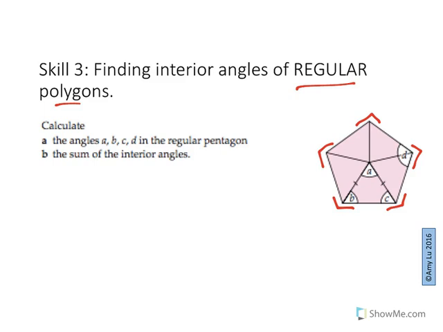And once you know that, you should be able to figure out one of those interior angles. And there's a few hints in here. So I want you to go ahead and pause the video, take into consideration the hints that you're given to find A, B, C, and then of course finally angle D, and then do B, which is the sum, meaning the total of all the interior angles. Pause.